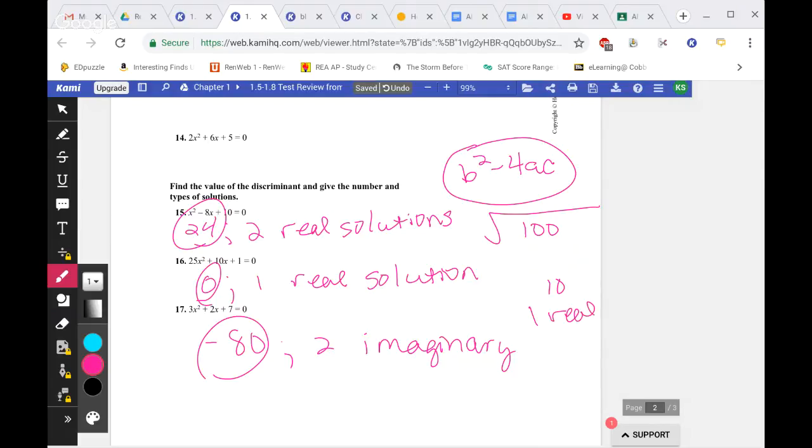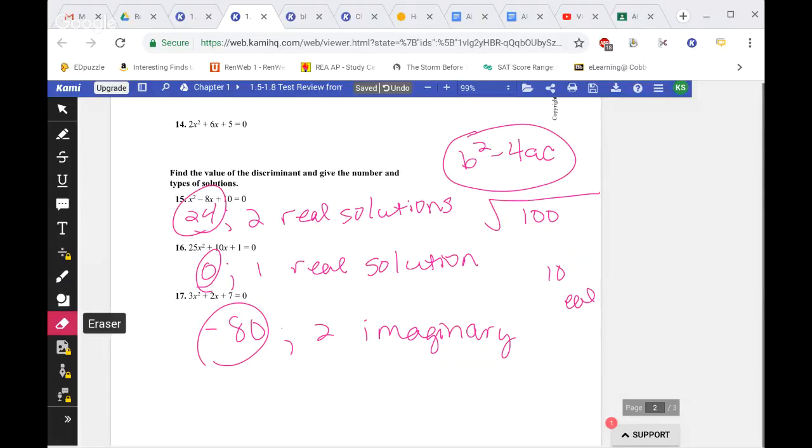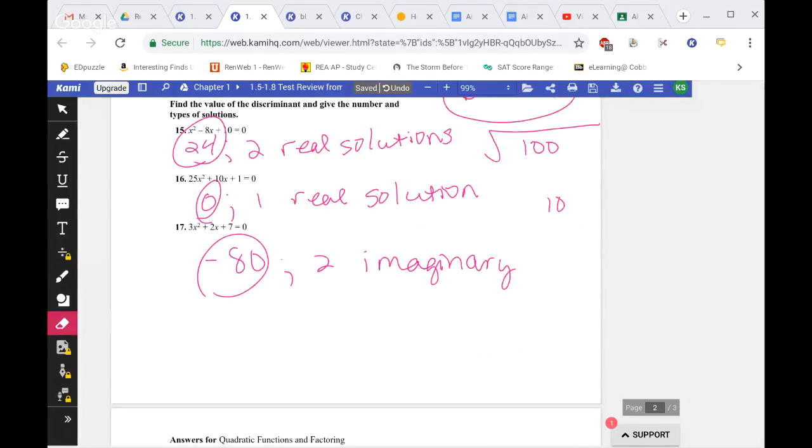If there's a real answer, then it's a real solution. If it's a negative, it's not real, it's imaginary. It would have 2 imaginary solutions. Okay. Does that make sense? Yes, ma'am.